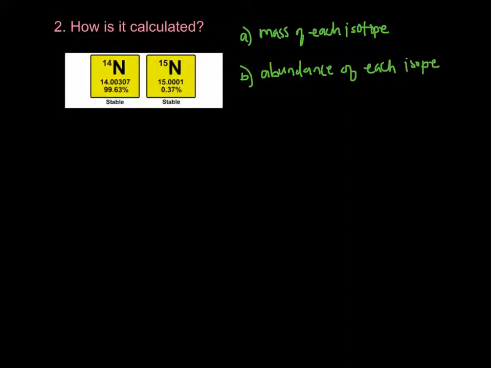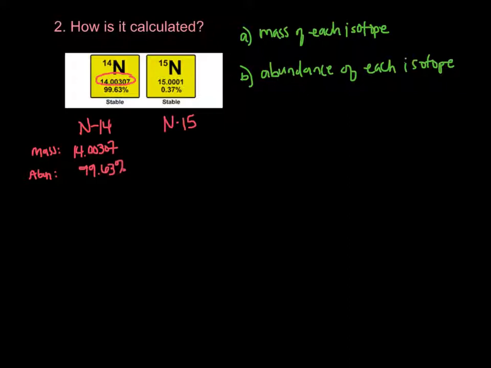So that's given to you in this picture right here. If you look at this picture, you've got nitrogen 14 and you have nitrogen 15. Nitrogen 14 has a mass of 14.00307, and its abundance is 99.63%.